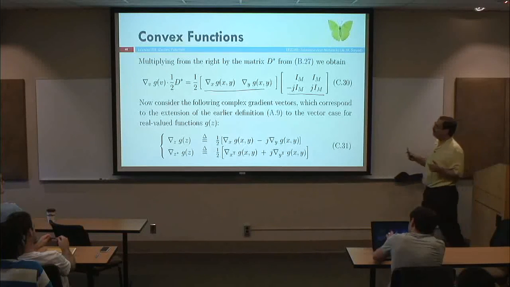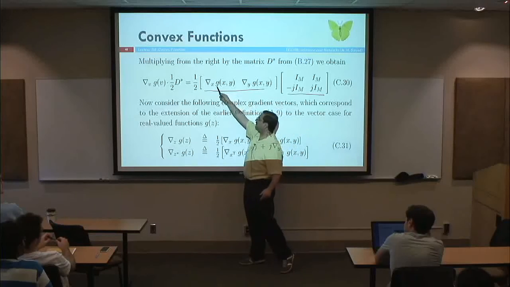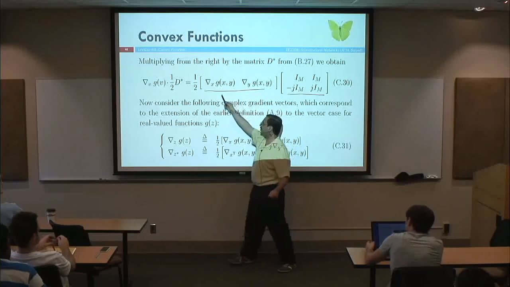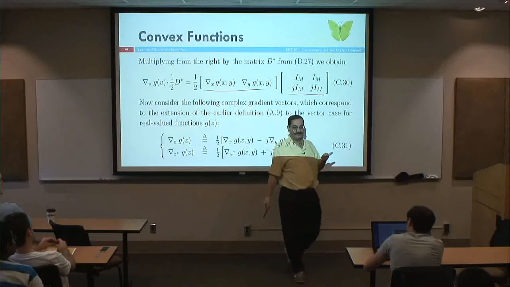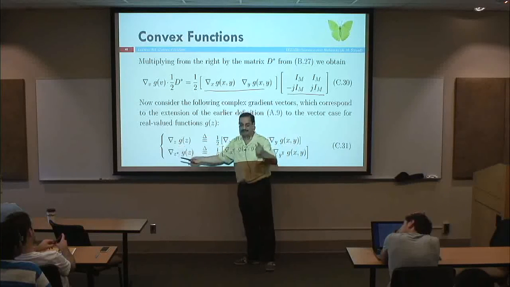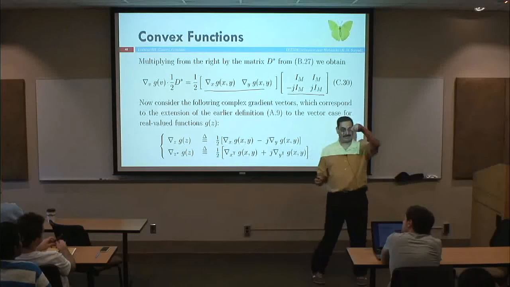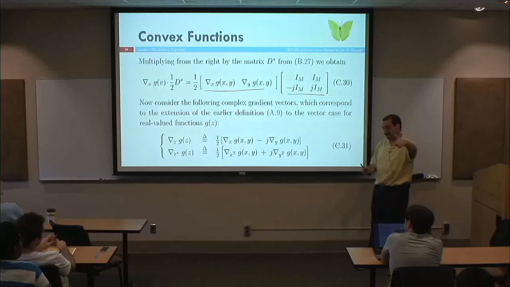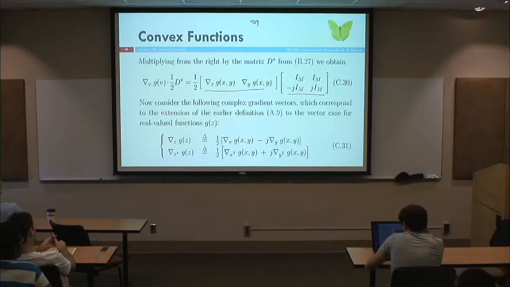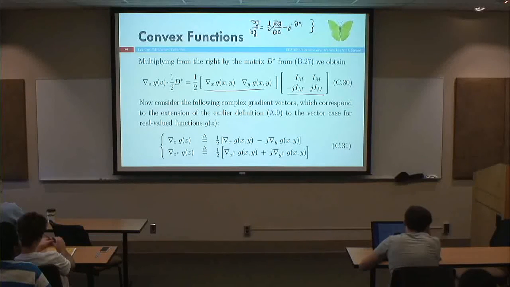So you see, the gradient relative to x minus j times the gradient relative to y, times 1/2. What do you get? That's what we define to be the gradient relative to z in the complex case. Remember when I introduced the Wirtinger calculus and I defined gradients in that domain? The gradient of a function relative to z, I defined it as 1/2 of the gradient relative to its real component minus j times the gradient relative to its y component.